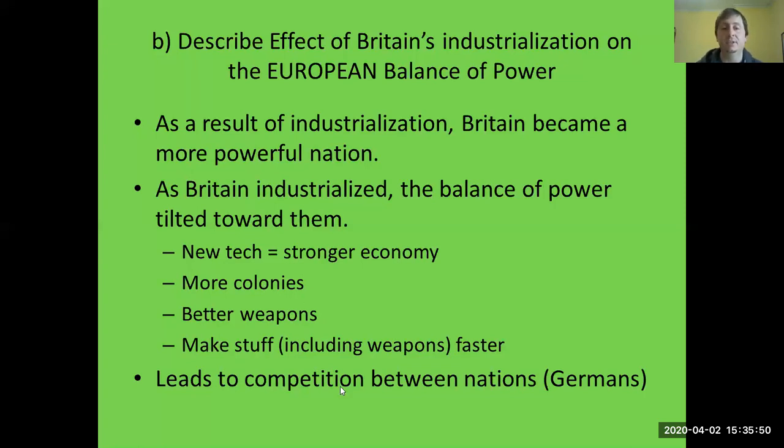It also leads to competition between nations. As mentioned with the Germans, how the Germans increase their navy and their army in order to compete with the British, and that tilts the balance of power and totally throws it off its axis as you lead into World War I. So any of that stuff would do. But again, all you have to say is, as Britain industrialized, the balance of power tilted towards them.